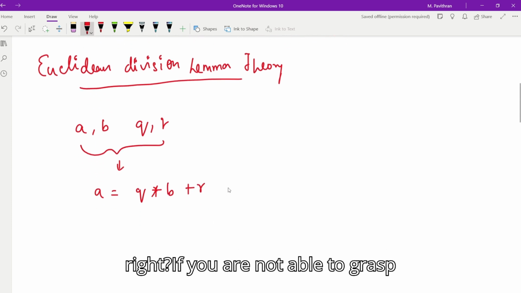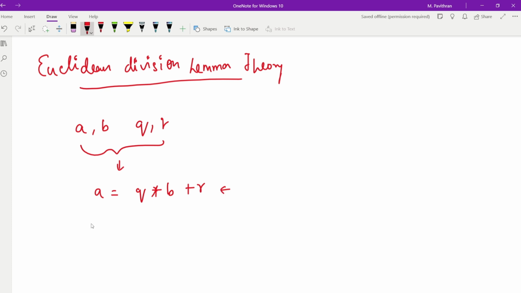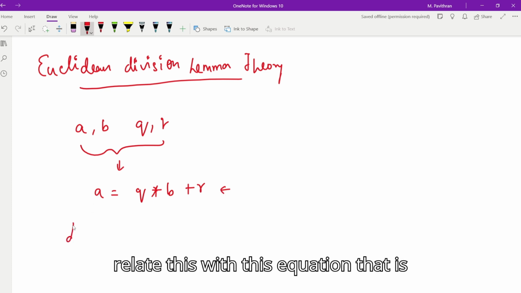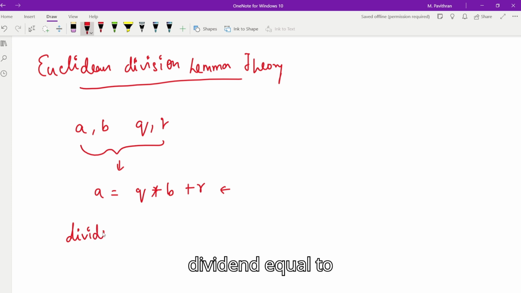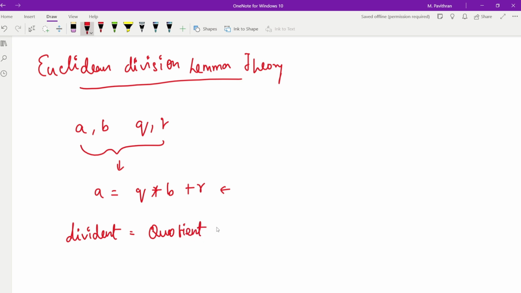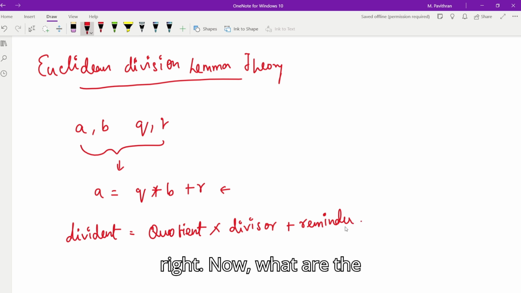If you are not able to grasp this equation, relate this with this equation, that is dividend equal to quotient into divisor plus remainder, right?